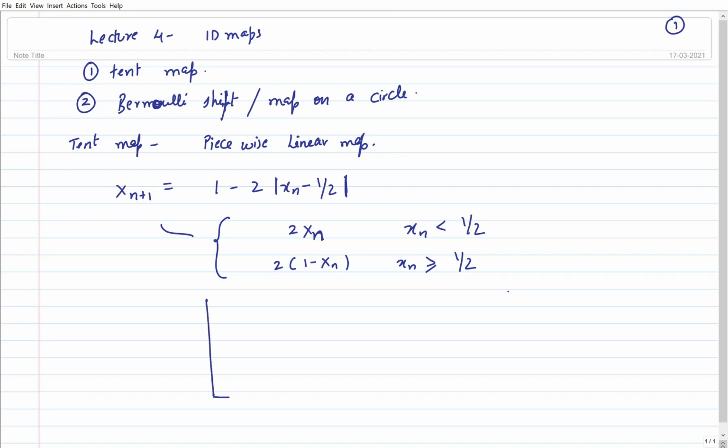So xn plus 1. This is how the map looks. So I have 1 comma 0 over here. This is 1, and the map attains its maxima at the value of half.